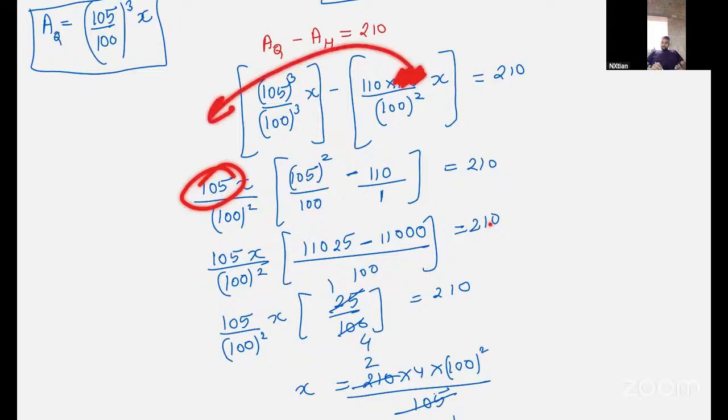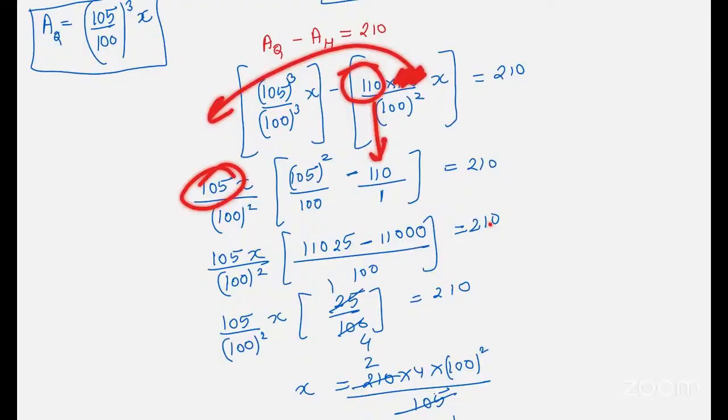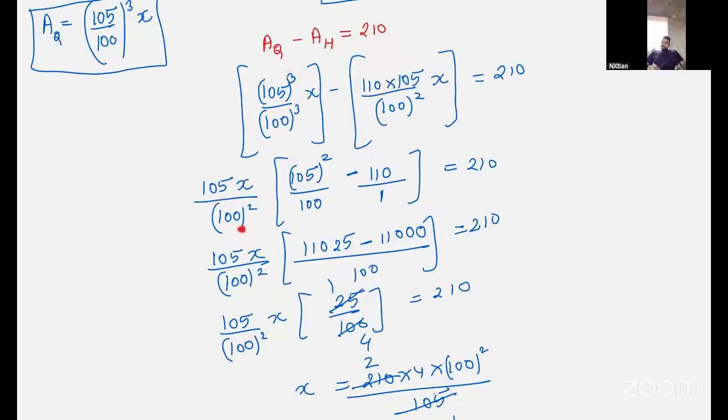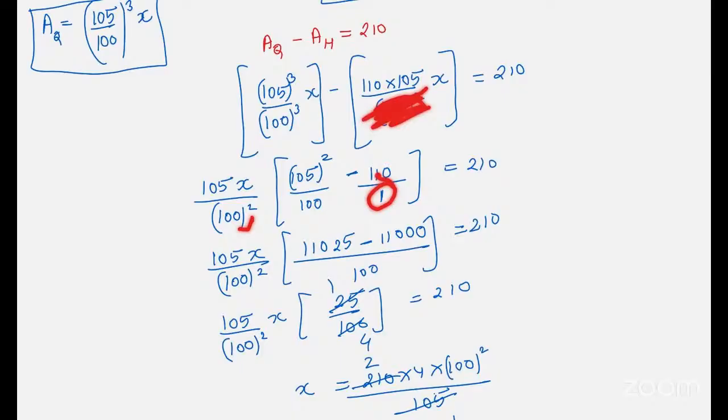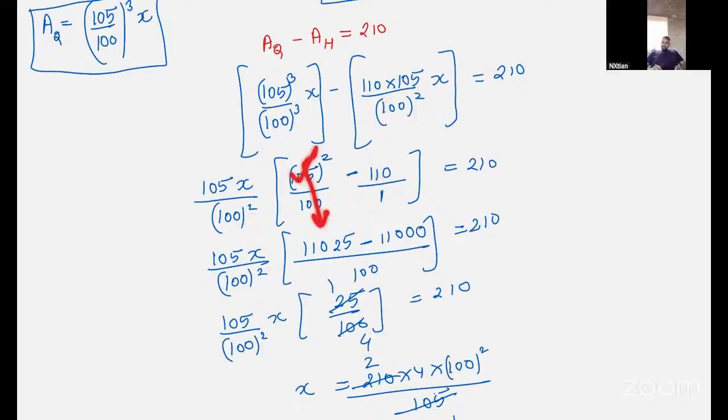What is left behind? Only 100. And in the denominator, this 100 square is common, so this whole 100 square is out. If nothing is there, we consider it as 1. And 105 square is this. And I took an LCM, so 20 came, so it becomes 100 like this.